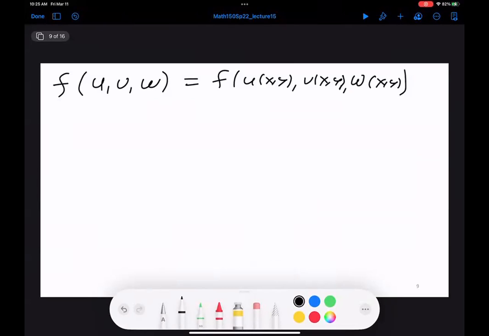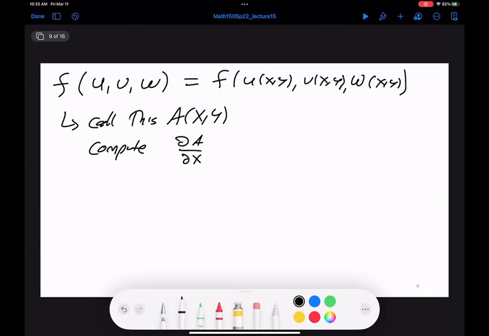So I have a function of 2 variables. I can regard this as the function, call this a of x, y. So a takes 2 inputs, it gives me 1 output. So I can compute dA dx, and I can compute dA dy. These are just the standard partial derivatives we know how to do.